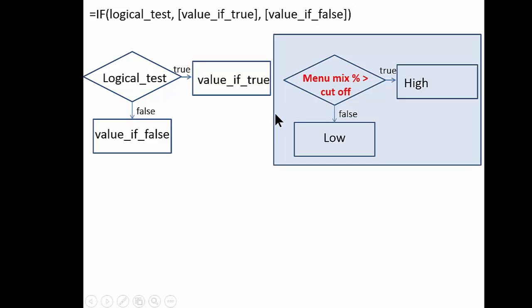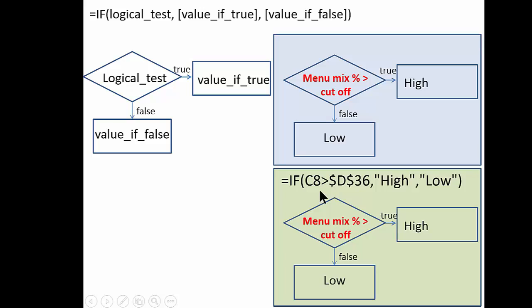So this is our logical test. If the minimum mix percentage is greater than cutoff, if that's true, we give it high. If that's false, we give it low. So this is the statement that we are going to enter. Start with an equal sign, IF C8 is greater than $D$36.